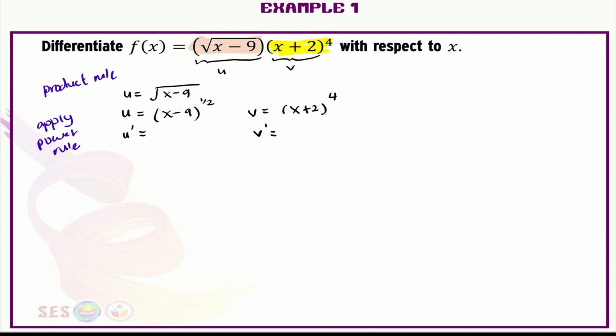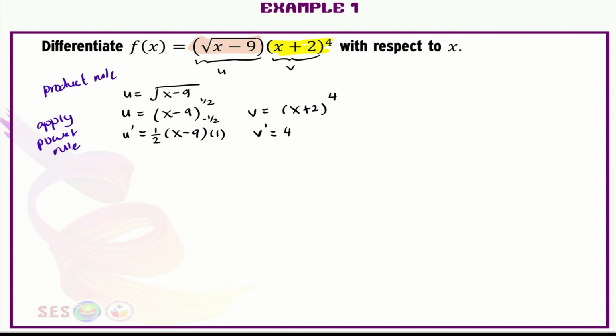Write down the power 1 over 2, copy back whatever is inside the bracket, and the power minus 1 should be negative 1 over 2, and multiply with the differentiation of whatever is inside the bracket. We have x minus 9, and differentiating x minus 9 is just equal to 1.